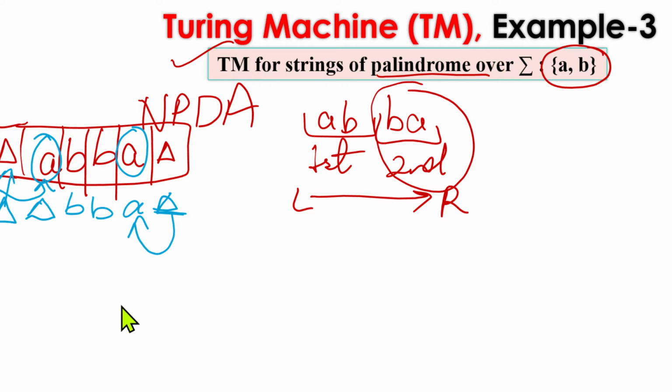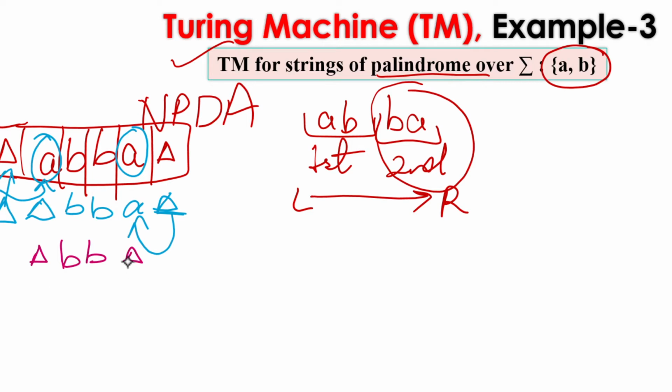Okay. So after this we need to replace this A with a blank. This replacement indicates that we have cancelled out the same symbol from the left and right of the input string.